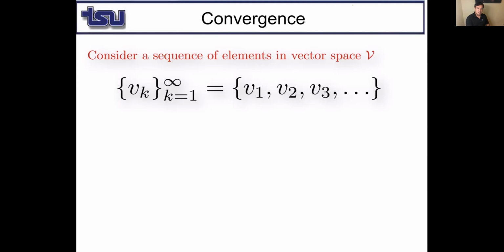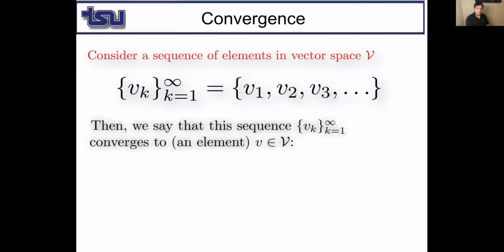Think about a sequence of elements in a vector space V. Basically, we have v1, v2, v3, a sequence of vectors in vector space V. Then we say that this sequence v_k converges to an element v of V if v_k comes as close as possible to v as k goes to infinity. So v_k gets closer and closer to v as k goes to infinity.